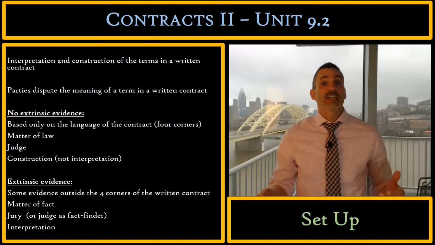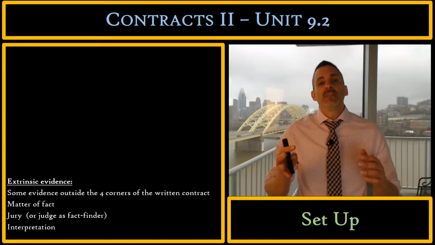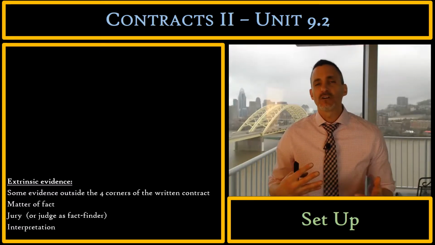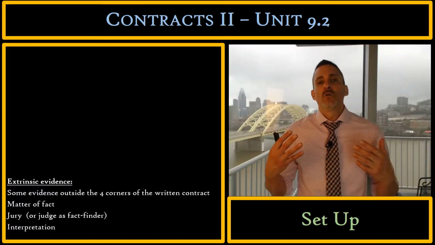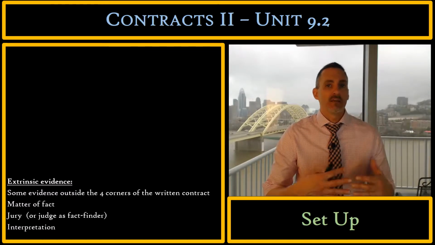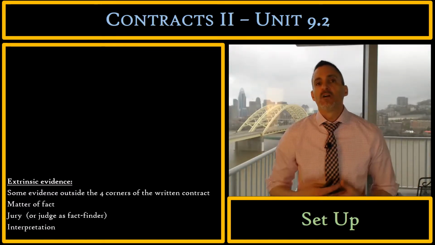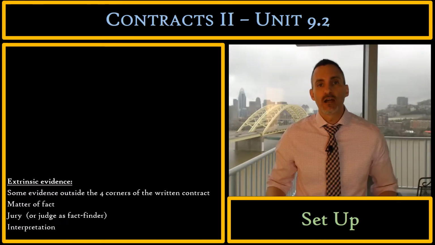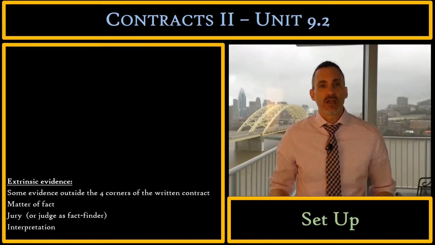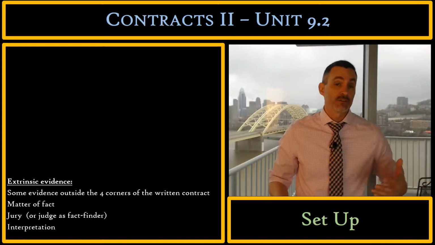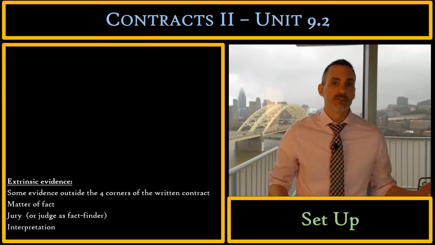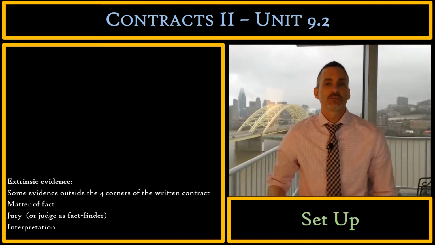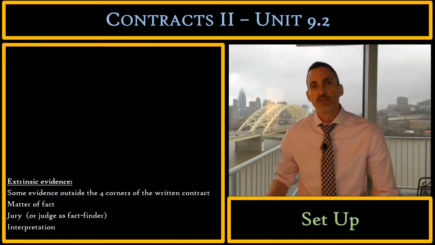When we have extrinsic evidence, on the other hand, the matter goes to the jury, the fact finder. Now, in some circumstances, the parties will not have a jury. Either they agreed not to have a jury, or for some reason in this jurisdiction they're not entitled to a jury trial, in which case the judge will play the role of the law finder, which is the traditional role of the judge, and the judge will also play the role of fact finder, which is the traditional role of the jury.